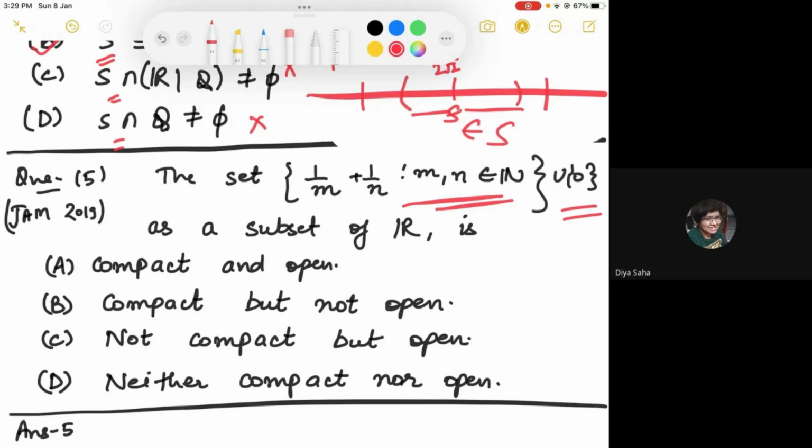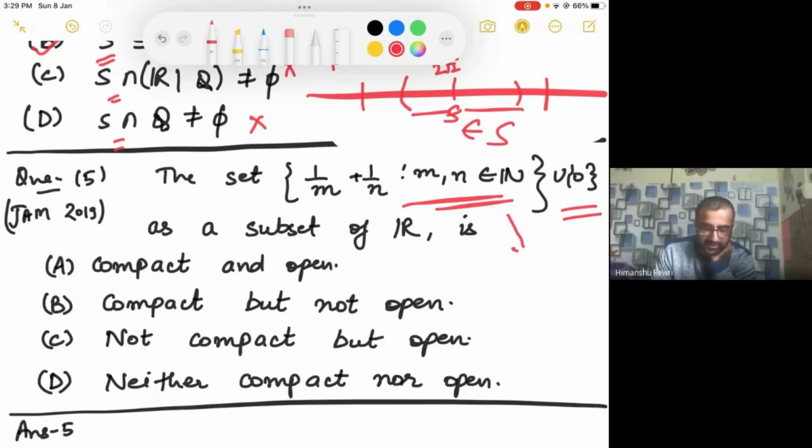Sir, I don't think it's compact because 1 by m, these are also the limit points, such that m belongs to N. Okay, let's say the set is S. So this is clear that this is bounded, because this set S lies between 0 and 2.